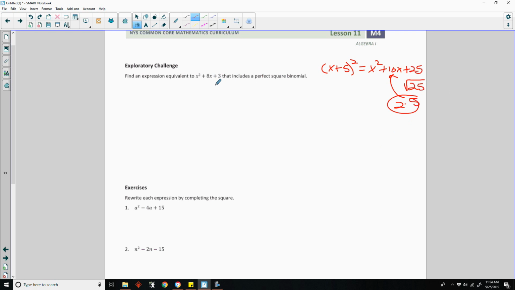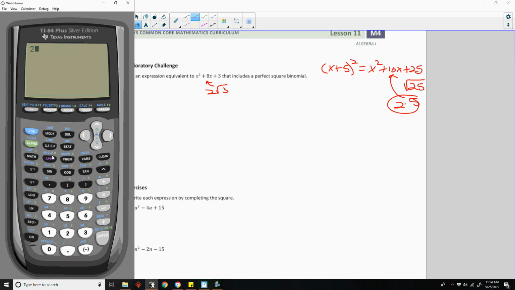So I took the square root of 3 to show you that the square root of 3 times 2 does not equal 8. And I can prove that with a calculator. So if I do 2 square root 3, it should equal 8. Obviously it doesn't, it's only 3.464. It does not equal 8 when I multiply the square root of 3 by 2. So I can't just take the square root of this times 2.